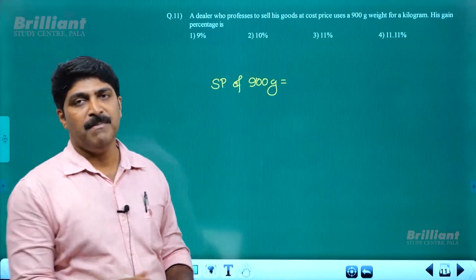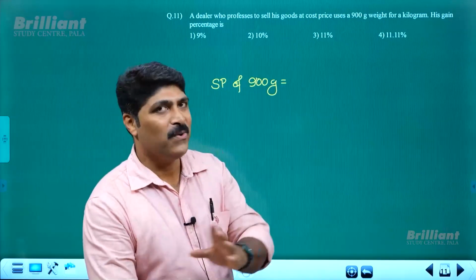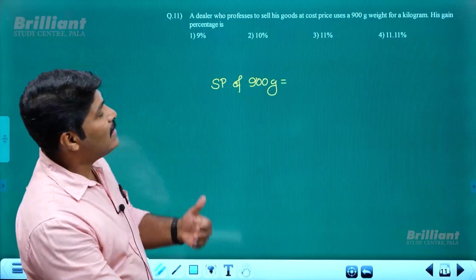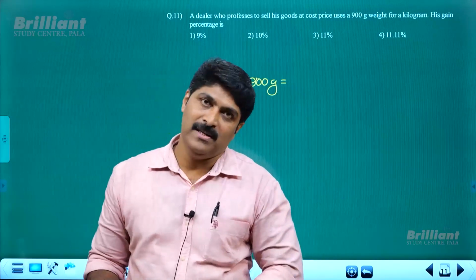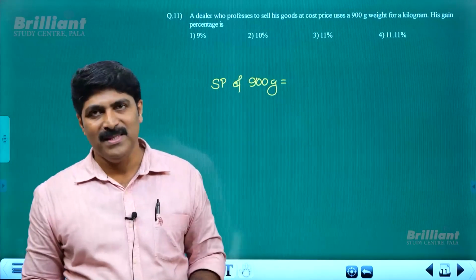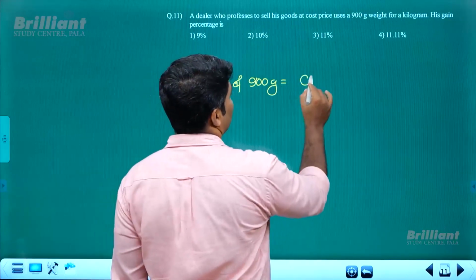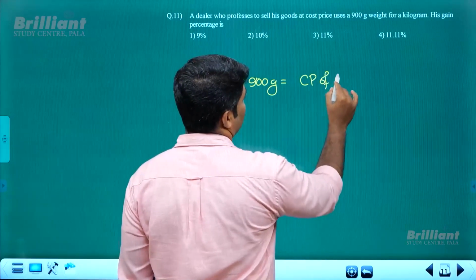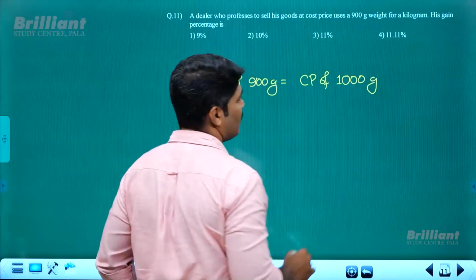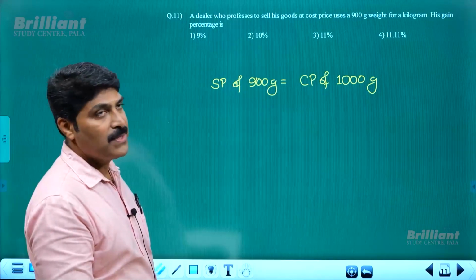He or she may misinterpret that they are receiving the exact 1 kilogram of product, and the customer was already offered that they can purchase the product at the cost price itself. Therefore, this customer is spending the cost price of 1000 gram. Got it? Customer is paying the cost price of 1000 gram.